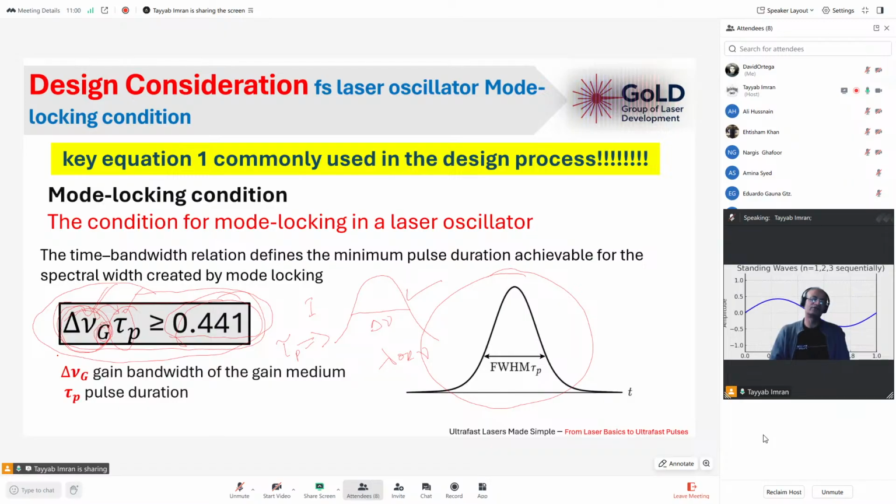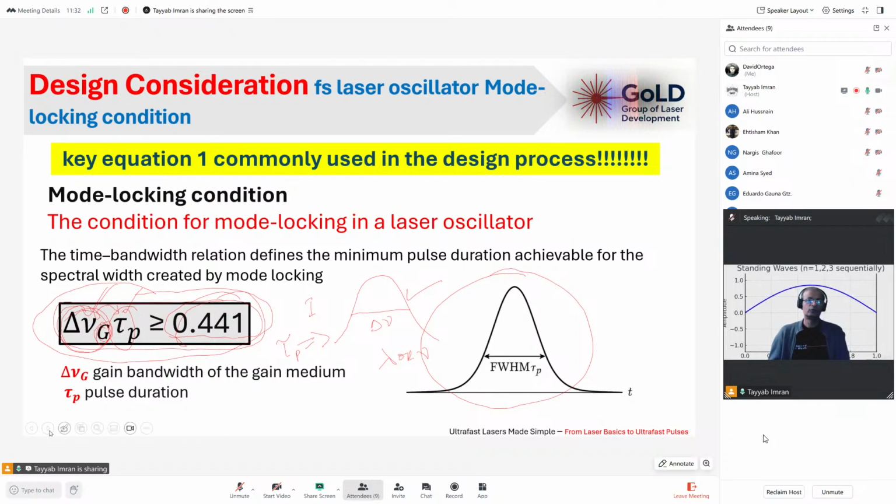So if it satisfies this condition, greater than or equal to 0.441, then we can achieve the mode locking. If this condition is not satisfied, then we cannot achieve mode locking. And the mode locking is one of the things which is necessary to generate the femtosecond or short pulses. Okay, so this is the first key equation.